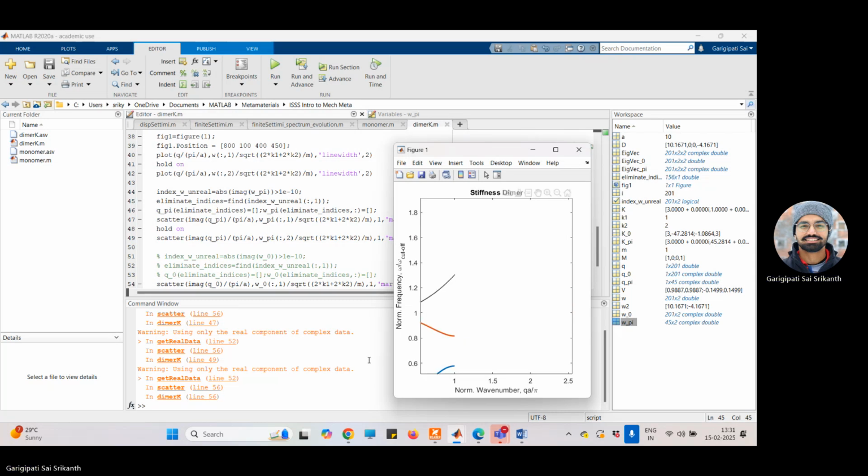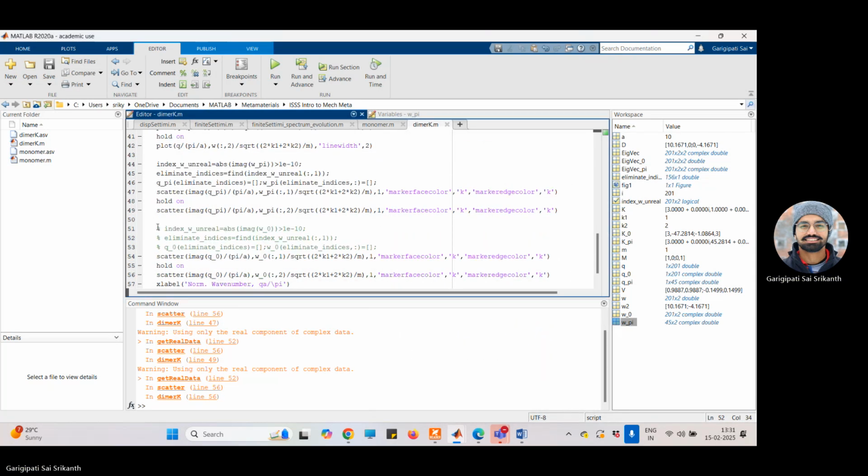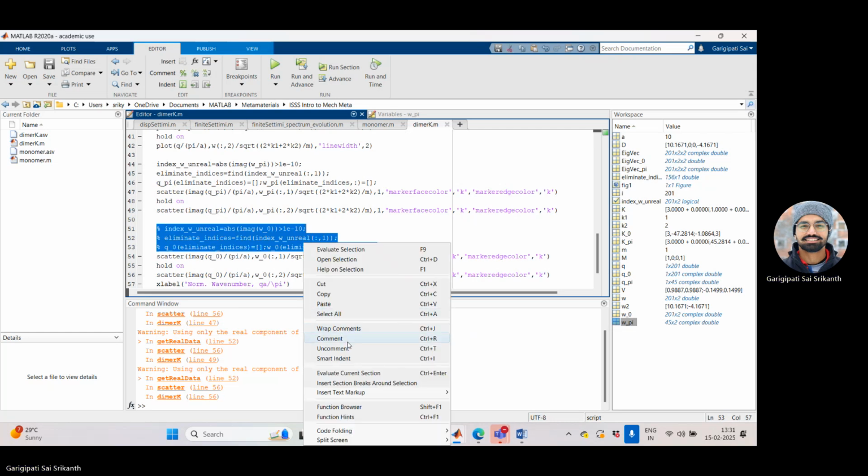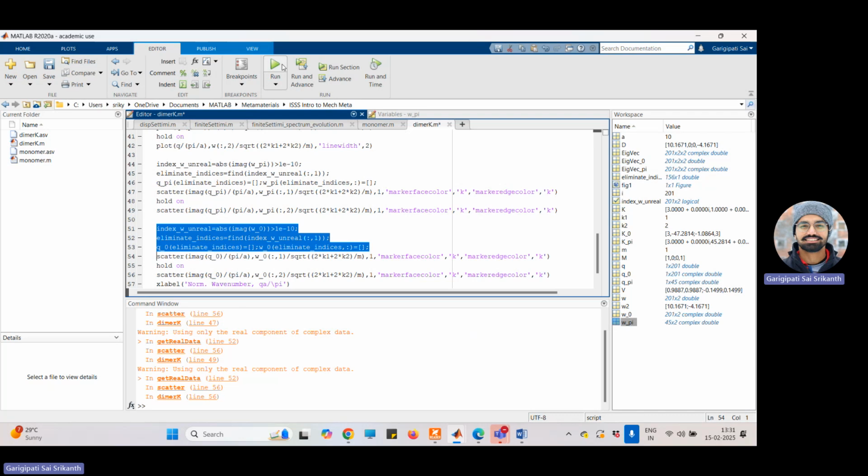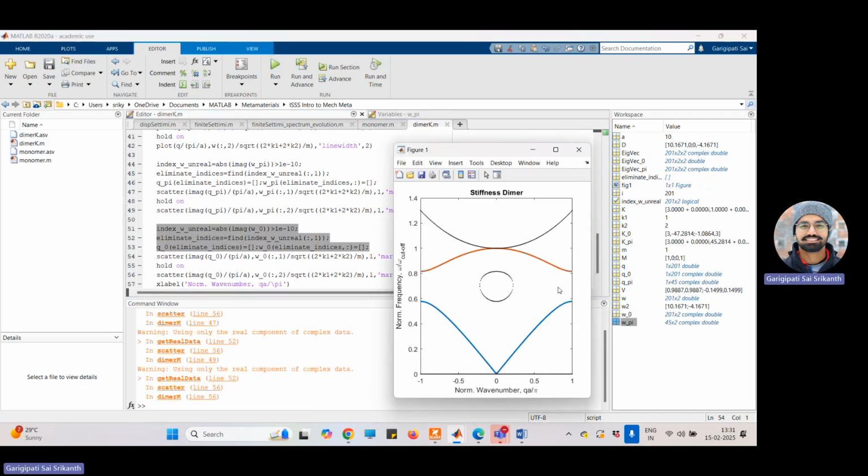Further, do that for the other wave number values, and you get a neat dispersion curve.